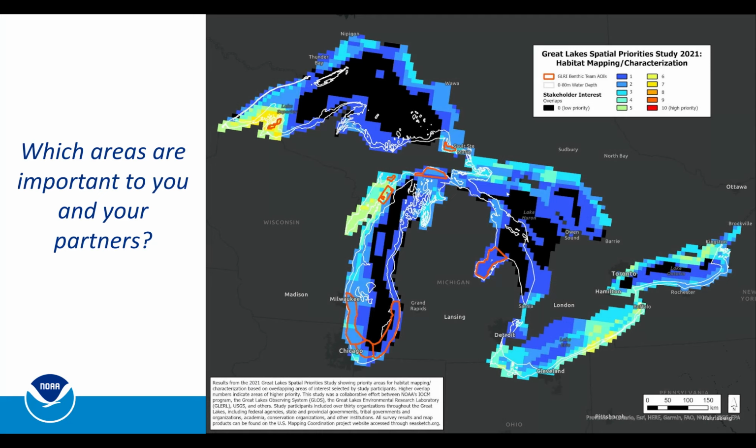You'll see a couple of red outlines highlighting some of our GLRI Benthic team areas of interest to date. Certainly if there are areas of interest that you don't see listed here, please reach out to us. We would definitely be interested in incorporating them into our data collection strategy and acquisition moving forward.